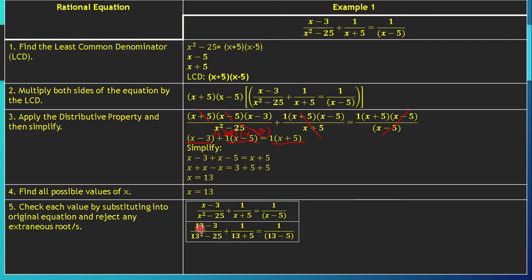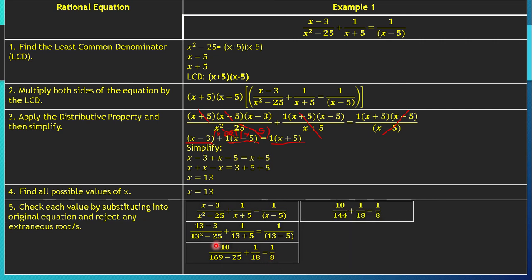So simplify natin. 13 minus 3 is 10. Kaya meron tayong 10 na nandyan. 13 squared is 169 minus 25 plus 1 over 13 plus 5 is 18 is equal to 1 over 13 minus 5 is 8.